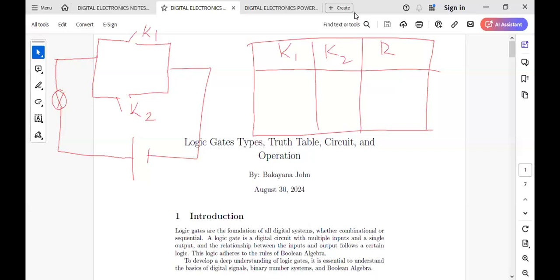The computer is designed in such a way that instead of having an analog signal, which can be represented by a sine wave, a continuous signal, computers and other gadgets are designed to have only two possibilities. Their possibility of operation is either a 0 or a 1.